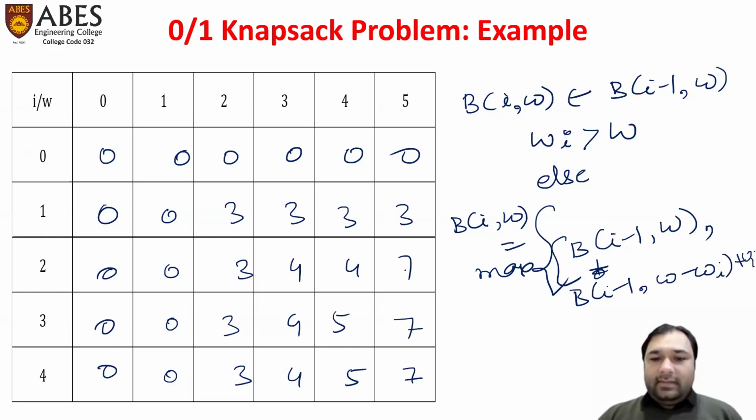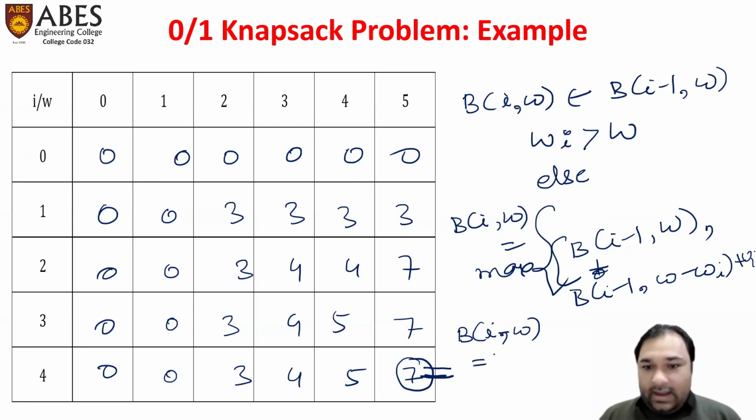Now, here we will see this item is returning 7. That is the maximum profit. If we are having 7 here, B[i, W] and B[i-1, W] are the same, this and this.